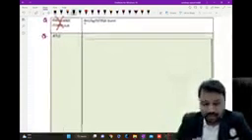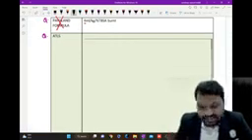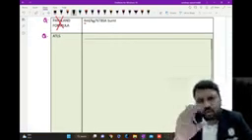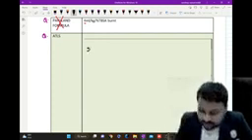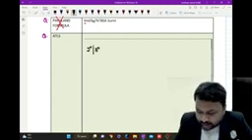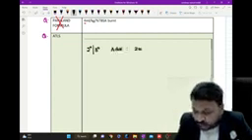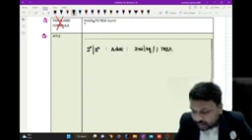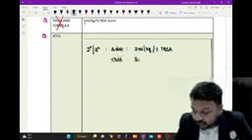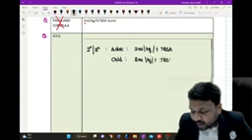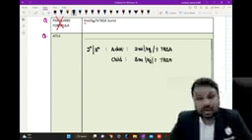Now ATLS says very simple. We will start resuscitating. In a 1st-degree burn, oral fluids are more than important. It is a 2nd-degree burn that you need to understand. If it is a 2nd-degree or a 3rd-degree burn, and if the patient is an adult, then it is going to be 2 ml per kg per percentage of total body surface area that is burnt. If it is a child, then we will go with 3 ml per kg per percentage of total body surface area burnt that is going to be used.